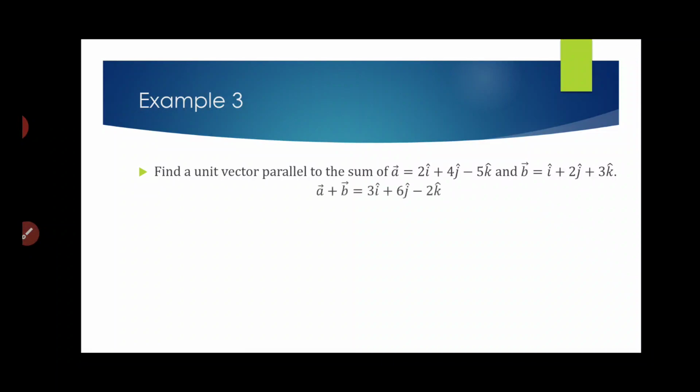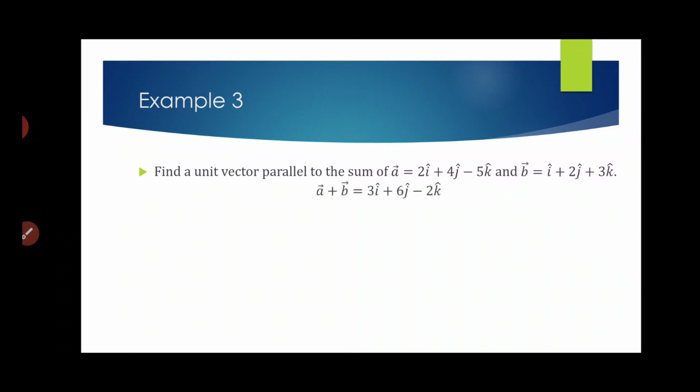Number 3. Find a unit vector parallel to the sum of a vector equals to 2i plus 4j minus 5k and b vector i plus 2j plus 3k, and it is given by a plus b, that is sum of the components.